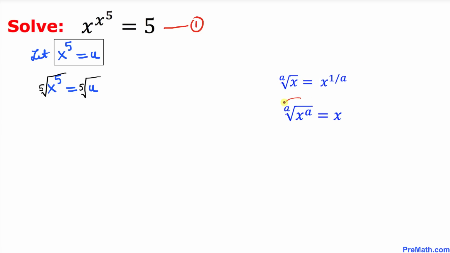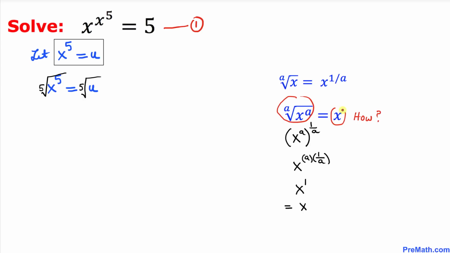Then we can write this one as equal to x, based on this given information. And if you are wondering how this is equal to x, here is the explanation. This part could be written as x power a and then power 1 over a, and whenever we have two repeated exponents, we can multiply them out like we did over here.